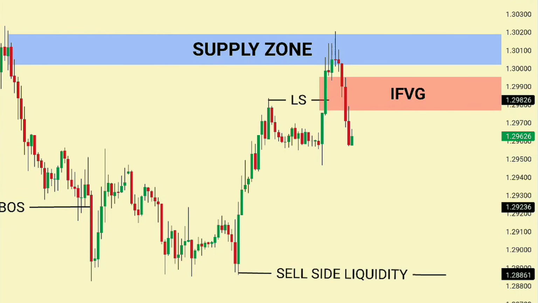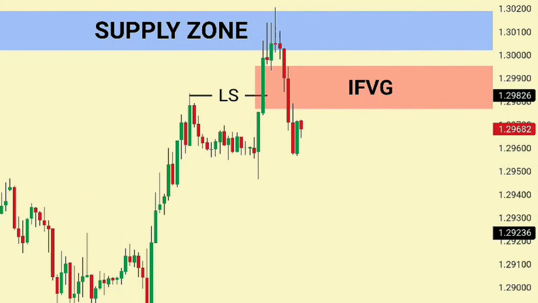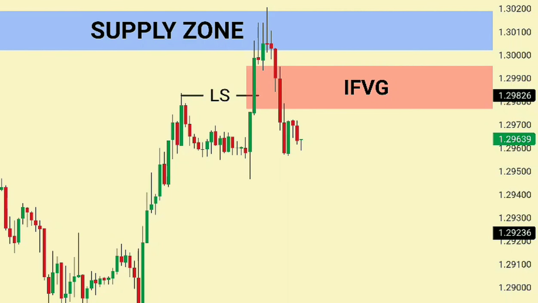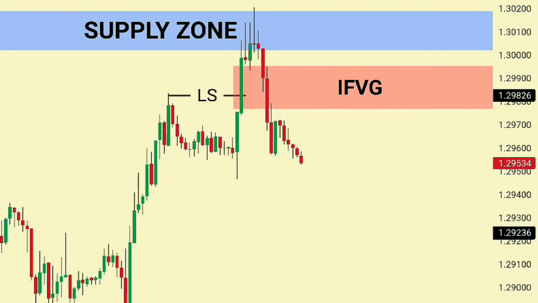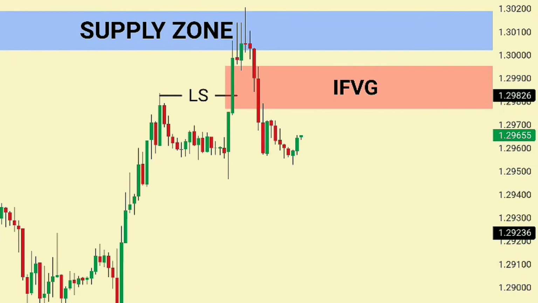The next step is to patiently wait and see whether price retraces back into this area and respects it. Now, instead of continuing straight down, price starts retracing back toward the inverse fair value gap we just identified. This is exactly what we've been waiting for. Notice that we're still not entering the trade.